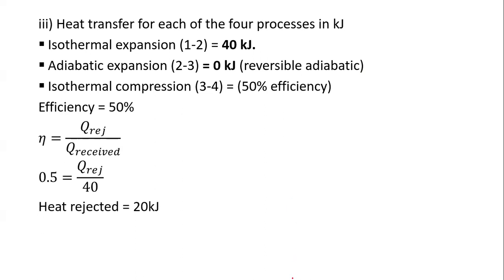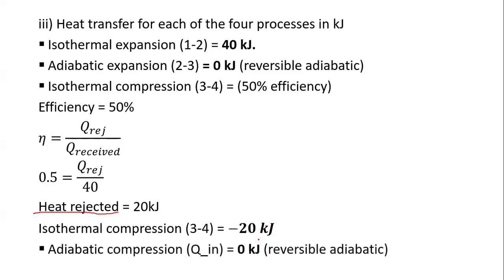But remember, this heat is being rejected. So hence, it's negative 20. The last one is the adiabatic compression. In any adiabatic, the heat transfer is 0. So these are the heat energies in kilojoules that have been transferred for each of the 4 processes.